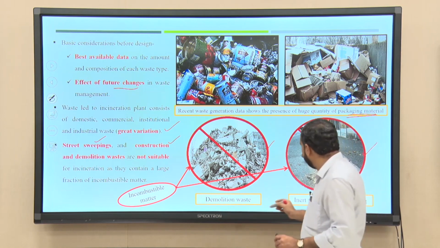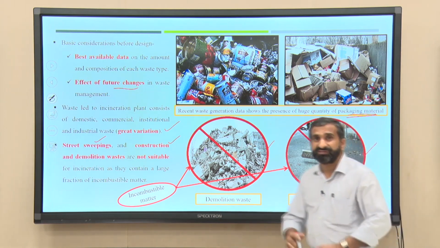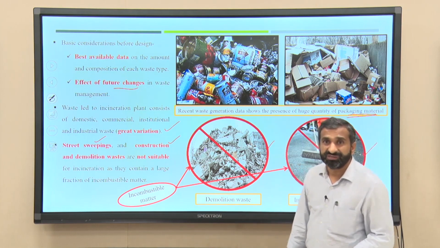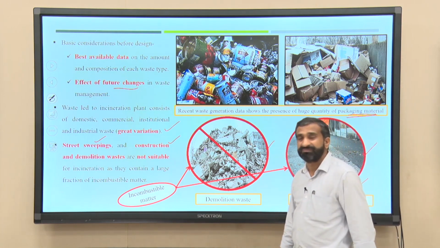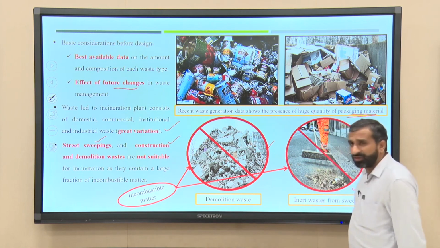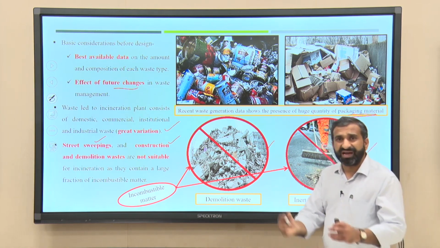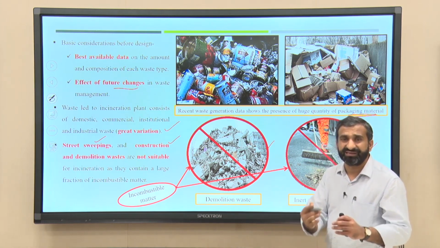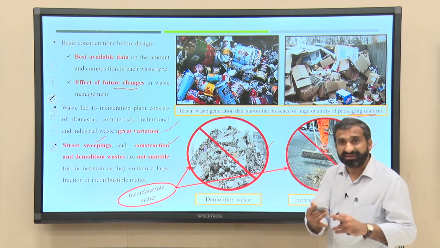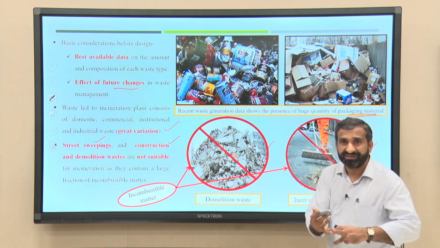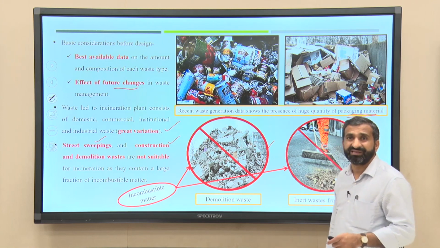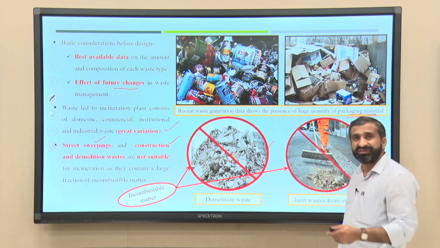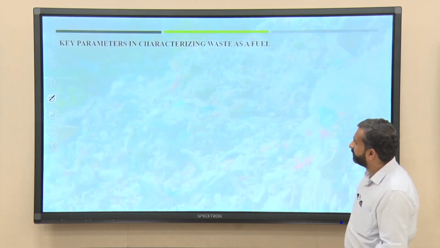Street sweeping waste is produced in huge amounts and should not reach the incineration plant. Also, the same dry waste has to be segregated, because metal and glass are not combustible. That also has to be segregated before the waste goes for the incineration process.